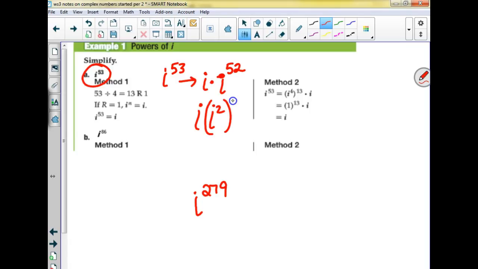How many i squareds would I have? Okay. So i squared is really -1, yes, to the 26th power, which is +1, times that i we poked out just makes this 1i.